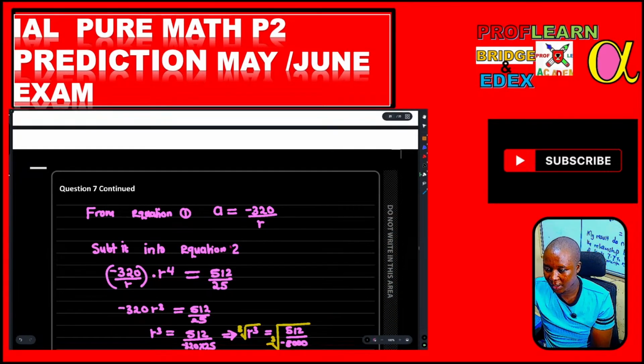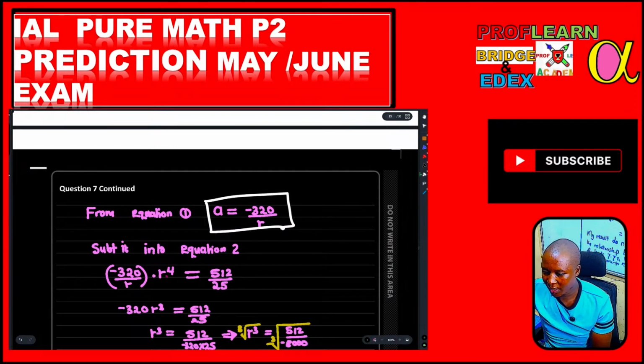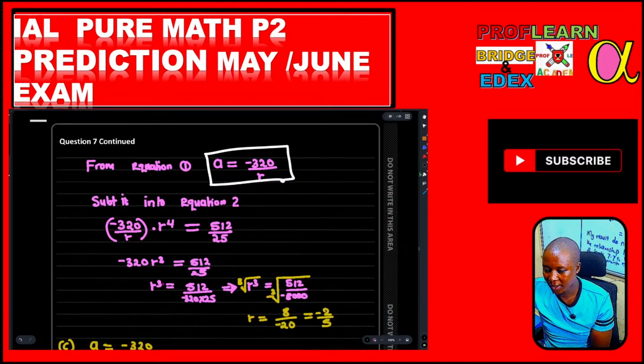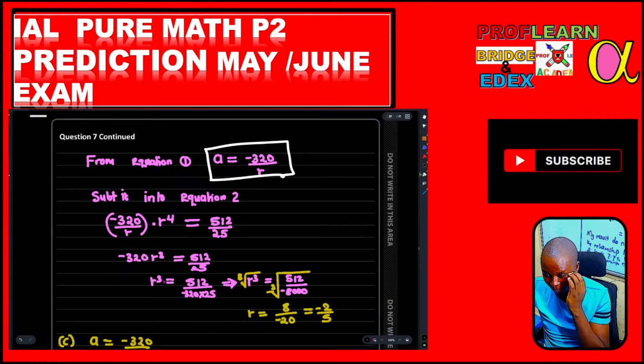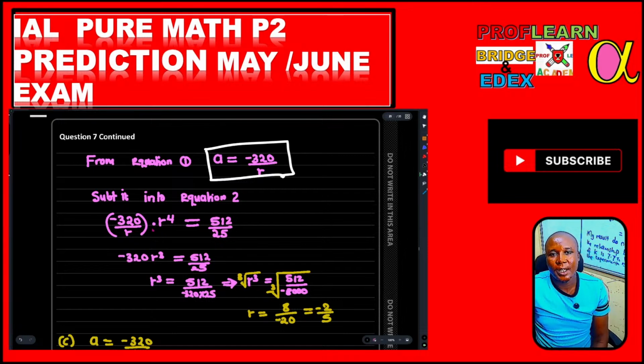Upon doing that, we are going to substitute it into the second equation, which means that we can now form negative 320 over r times r raised to power 49, and that is equal to 512 over 25.